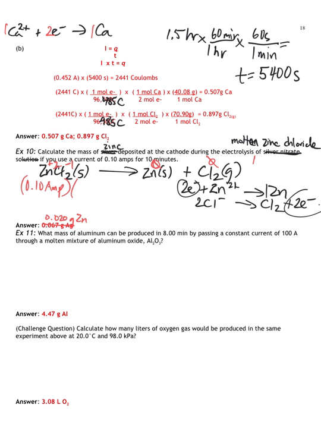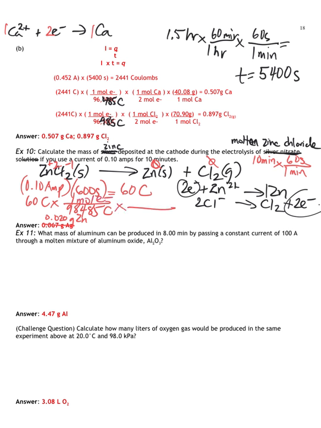So you can do a little side calculation: 10 minutes, 1 minute has 60 seconds, so that's 600 seconds. And that will give you your coulombs, your charge. It looks like it's 60 coulombs in the end, because 1/10 of 600 is 60. And so you're going to take your 60 coulombs and convert those coulombs into moles of electrons.